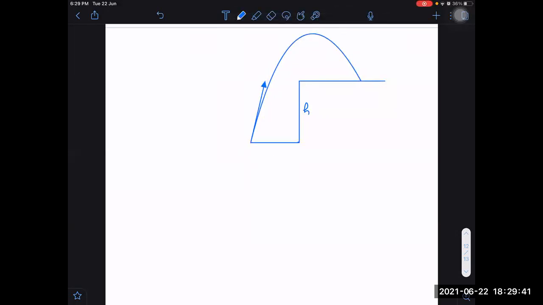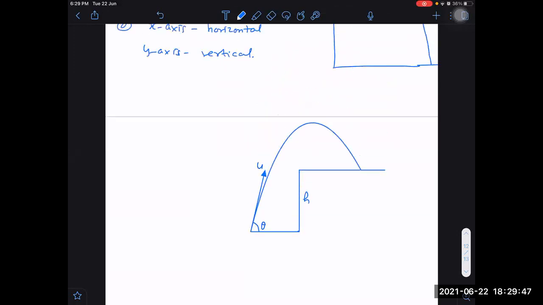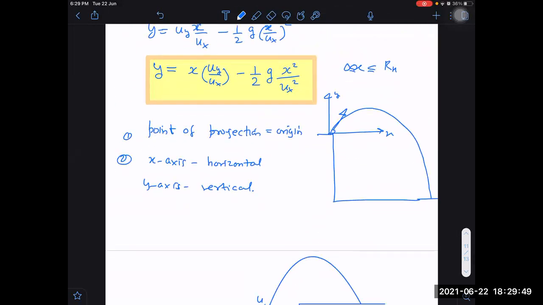Now you tell me, if it is u, what else is given? Theta is given. One more thing: the equation of trajectory is not yet over actually.